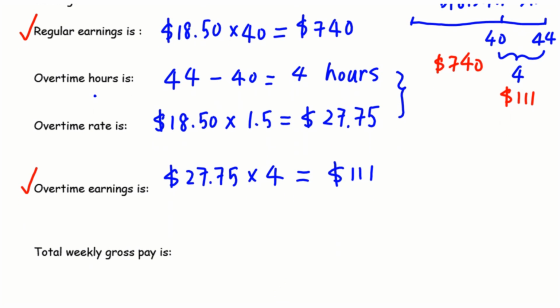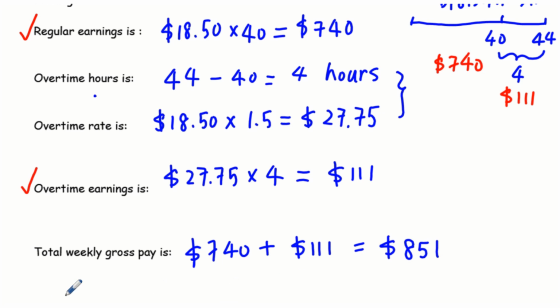So we add these two together, $740 is regular pay for 40 hours, then $111 for the 4 hours, so worked 44 hours, and the total make for 1 week is $851. So this is 1 week pay.